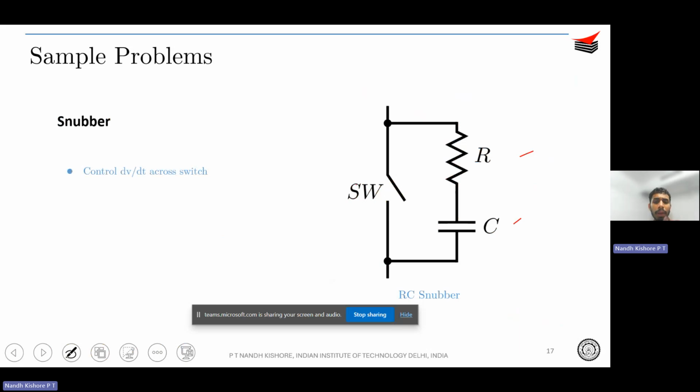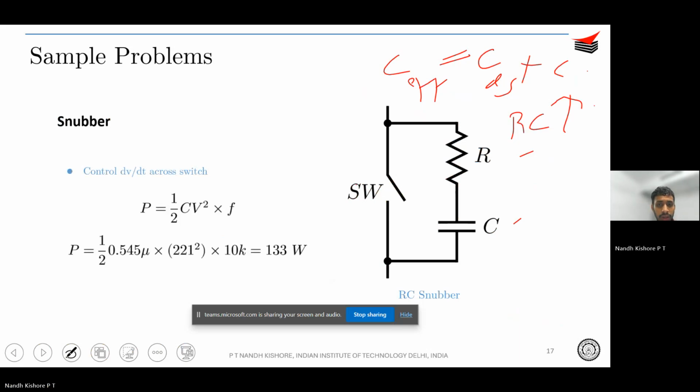Why do people generally use a snubber? They basically slow down the device. So you have an extra C in parallel, so the effective C is going to now be CDS plus some capacitance which is in parallel. So you have a larger capacitance, therefore your RC time constant increases, so your dV/dt is slowed down. Basically people don't prefer very high dV/dts due to a lot of EMC or EMI issues.